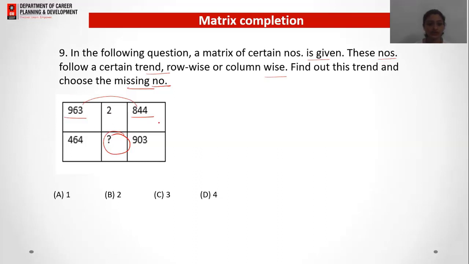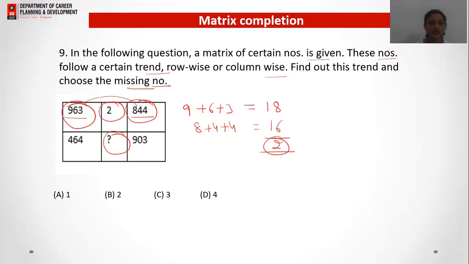If we add the digits of the first box, the sum of these digits comes out to be 18, and the sum of these digits comes out to be 16. The difference between 18 and 16 comes out to be 2, and 2 is written in the center.